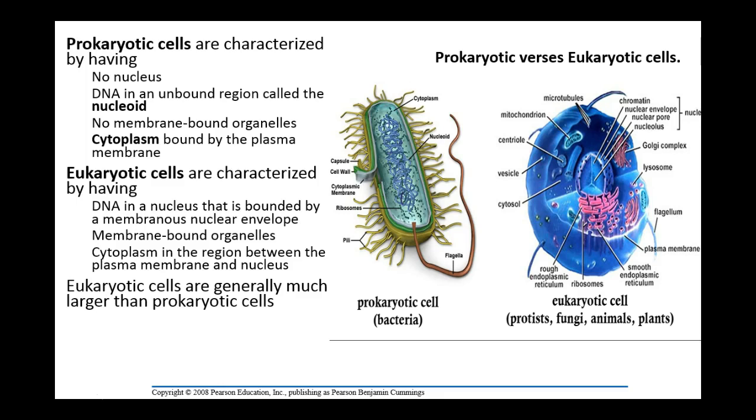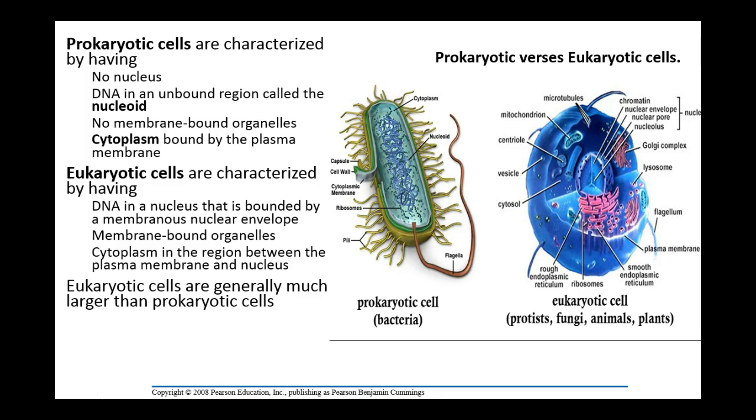Eukaryotic cells tend to be about 10 to 100 times larger than prokaryotic cells. Prokaryotic cells can be extremely small, nanometers, all the way up to something that is, as I said, about 10 to 100 times smaller than eukaryotic cells.